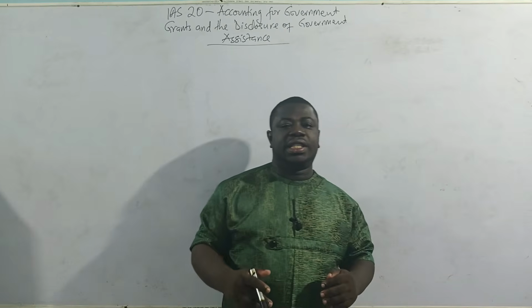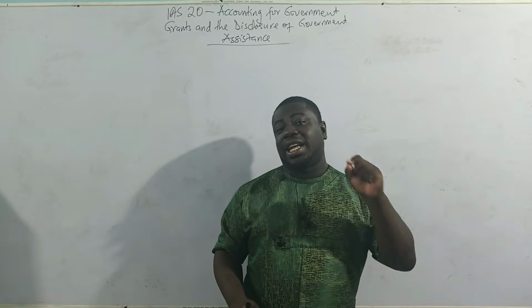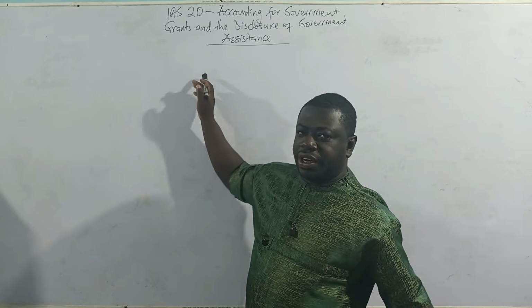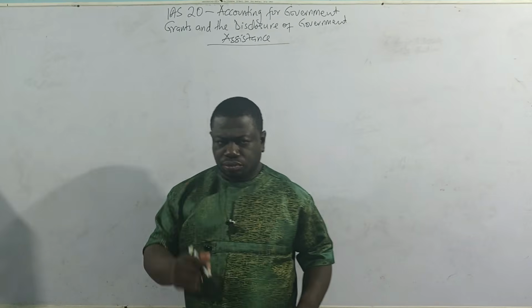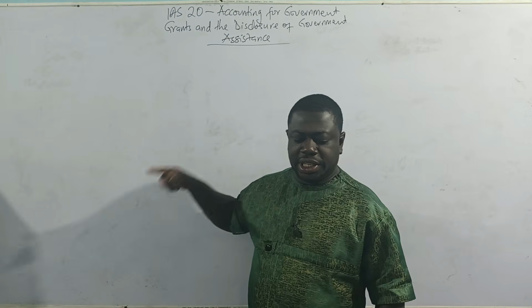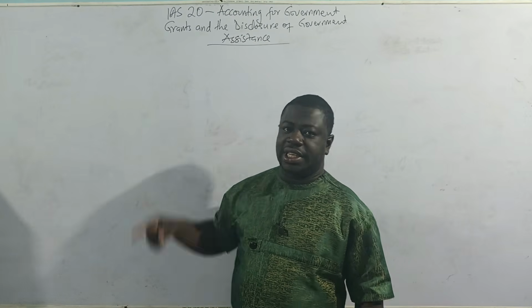So what we are trying to say is that every grant comes with its own conditions, and once there are conditions attached to the grant, don't just as an accountant record the value of the grant in the financial statement and expect us to be happy about it. You need to go further to disclose any conditions that are attached to the grant and any contingencies.